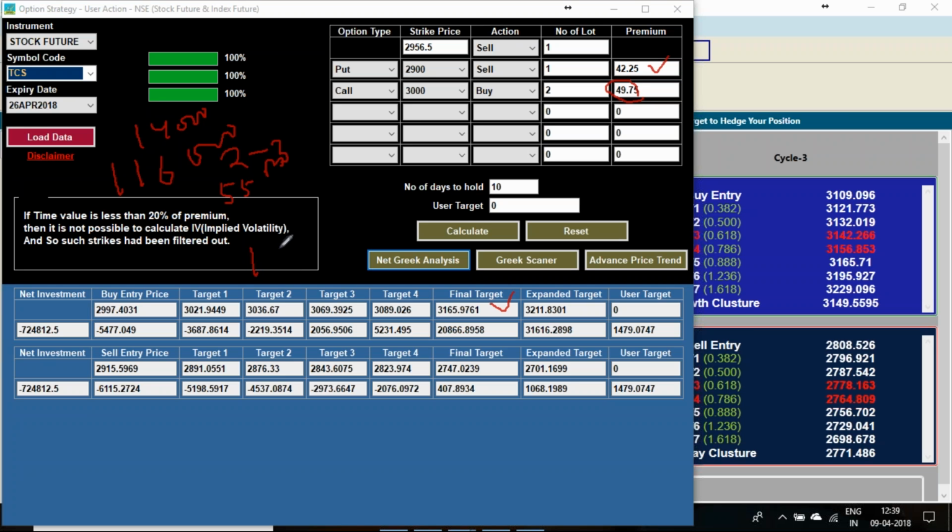Near to 1,91,000 fund is required, and if this strategy gives you success, you can earn some 10% return on your employed capital, that is 1,91,000, if it comes to the 3165-66 range. And if it fails and goes down, then your liability is very much visible here, maximum 6,000. So based on this particular risk reward, it looks promising to initiate this strategy.